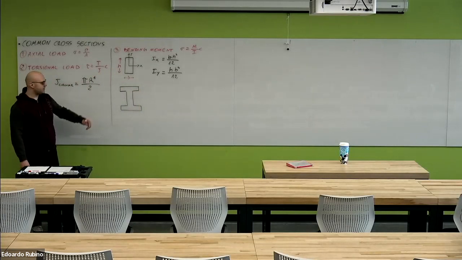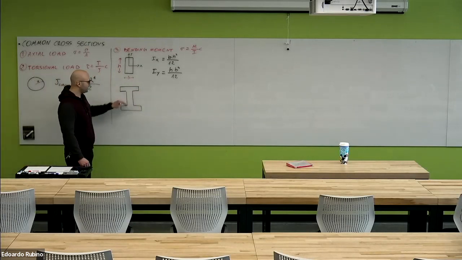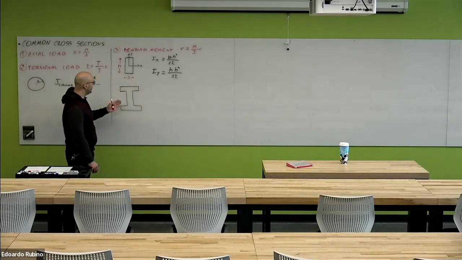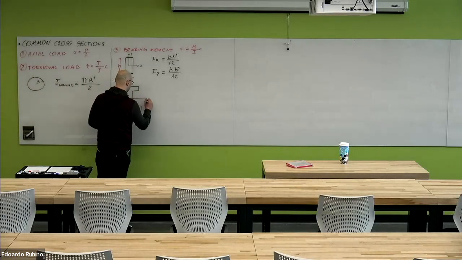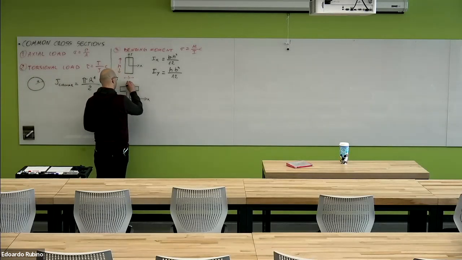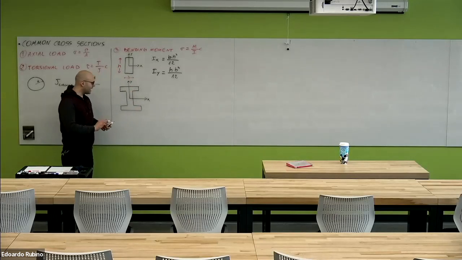So in this case, what we need to do is look at the different subsections of the cross section. The easy way, let's assume that we have the same y and x axis.